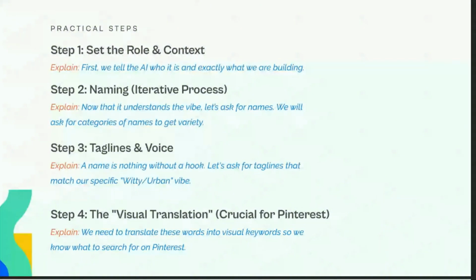It has to have clarity, warmth, and so on. You need to set the role and context, which is the first step. Very, very important, or else your AI will just give you a cluttered result.